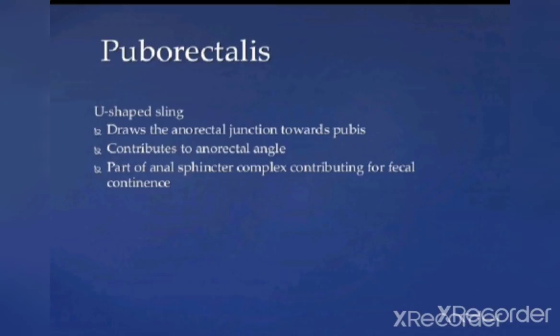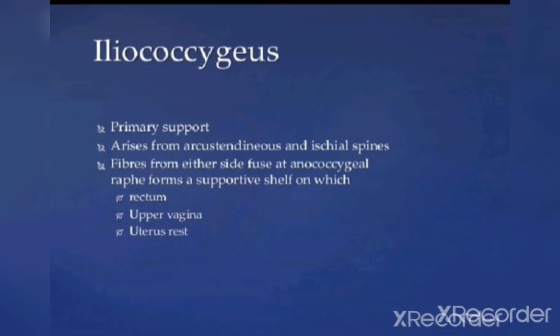Now next is iliococcygeus. It is primarily a supporting muscle. It arises from the arcuate tendinous line and the ischial spines.